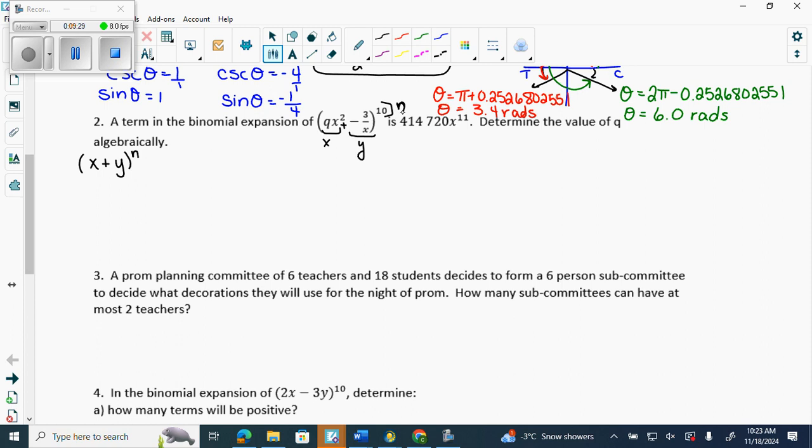All right? And then I gave you the answer. On the formula sheet, I also give you a formula for binomial theorem, correct? It's t sub k plus 1 equals n C k, x to the n minus k, y to the k.